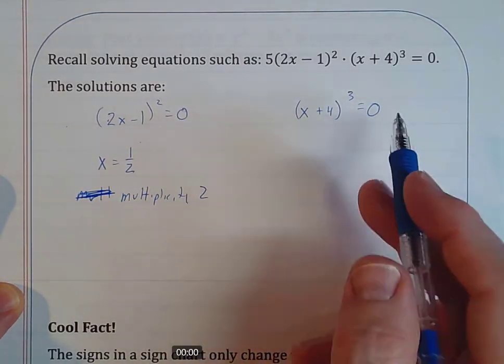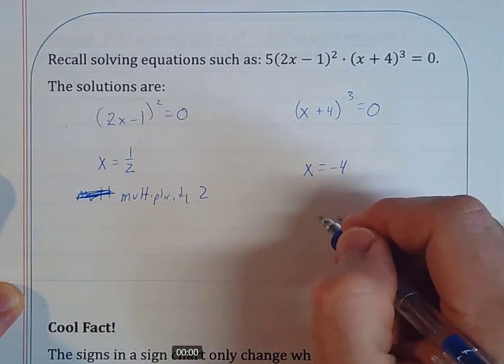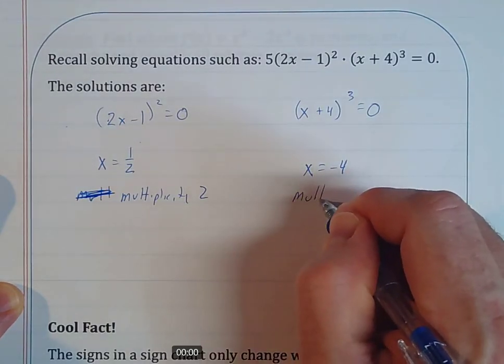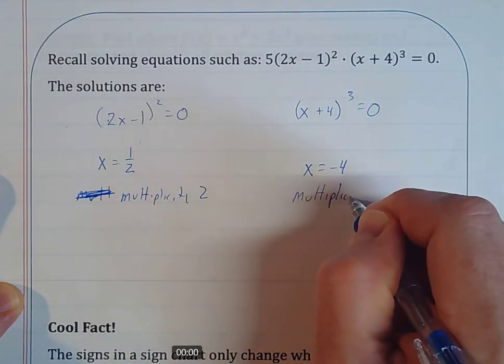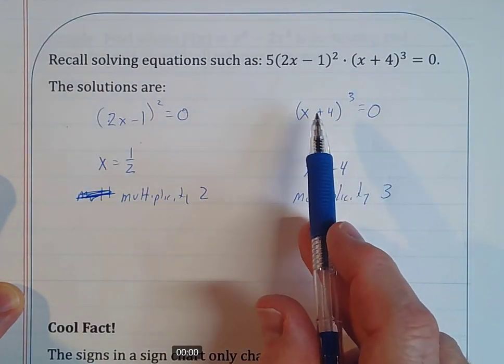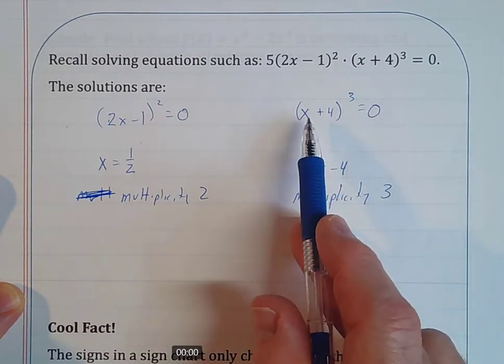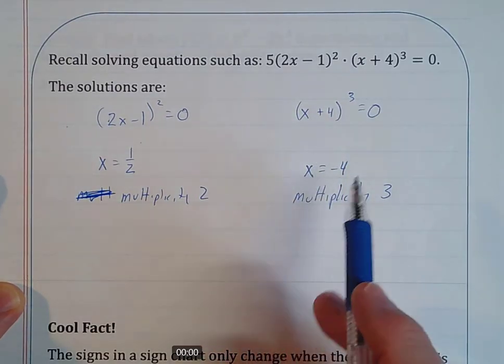Over here, we get the solution x equals negative 4, but with multiplicity 3, because we really have x plus 4 times x plus 4 times x plus 4, and each one gives a solution of negative 4.